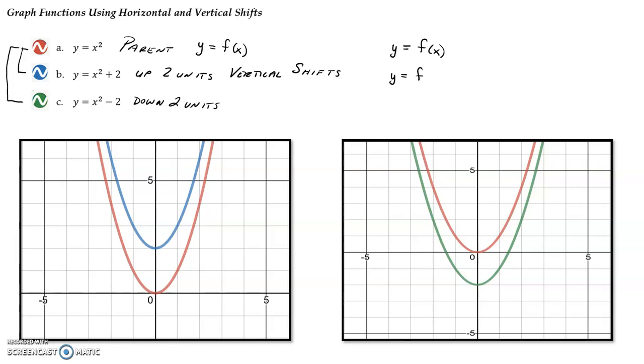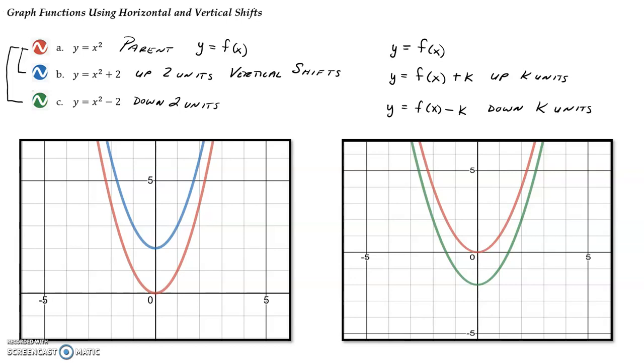And if we go ahead and add some constant, I'm going to go ahead and use the letter k, add some constant to the end of that, it's going to be moving our graph up k units. If we take our function and subtract a k value, it's going to be moving our graph down k units.